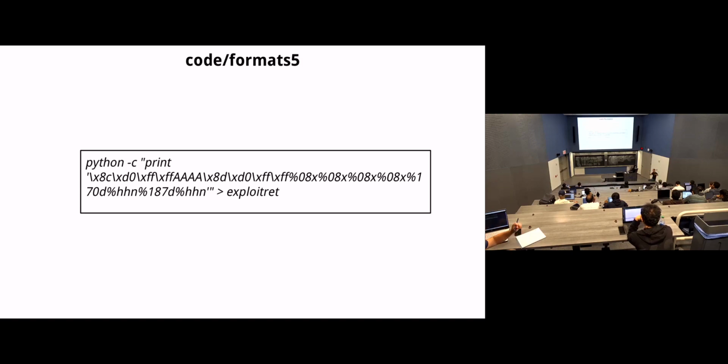Because you keep outputting, the number of characters you output so far will keep going up, right? But how can you get a smaller number? You overflow it, because we're doing 1 byte. 257 is the same as 1, right? So you overflow it. So this is what the exploit looks like.